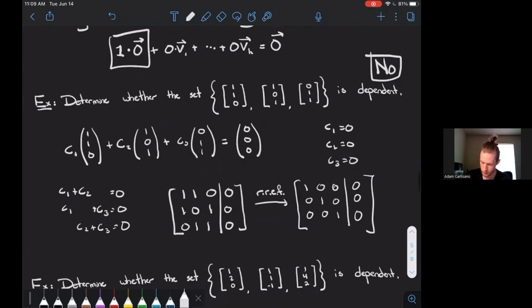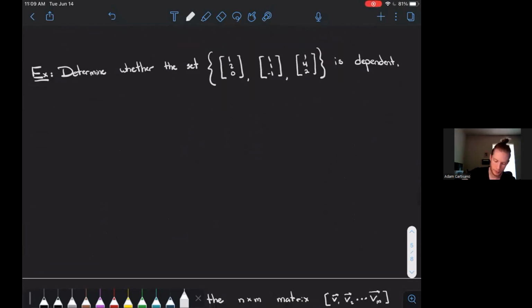Let's try another one. So we'll do the same thing. We have a system of linear equations that corresponds to this. I probably won't show as many steps. We'll just do C1 plus C2 plus C3 equals 0. 2C1 plus C2 plus 4C3 equals 0.